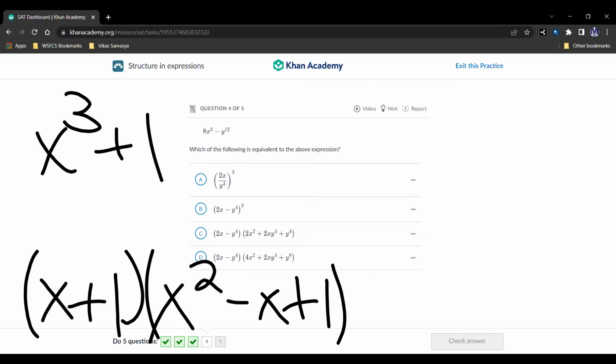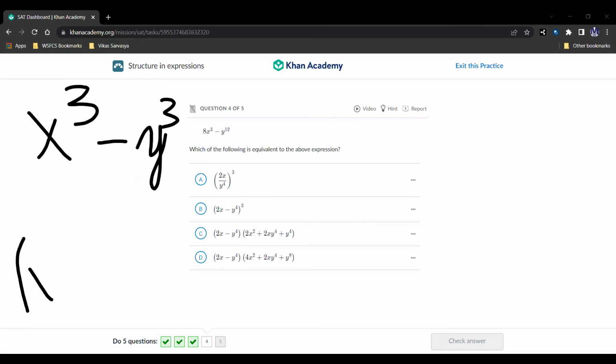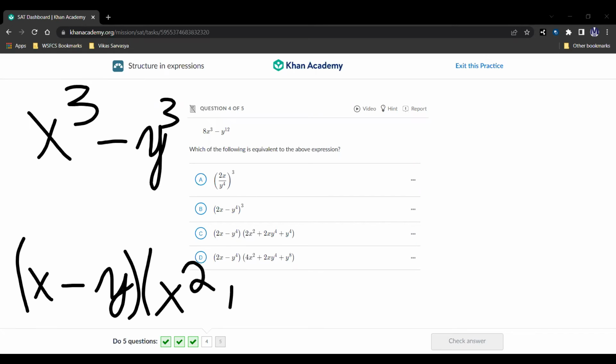Question number 4. This looks like the difference of cubes, right? So x cubed minus y cubed is going to be x minus y times x squared plus xy plus y squared. And then instead of x cubed, we have 8x cubed.